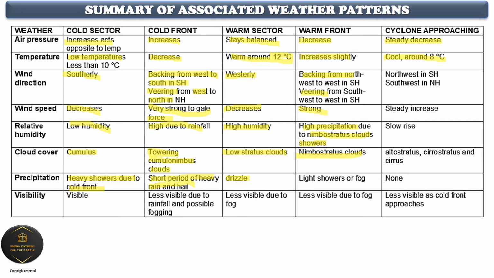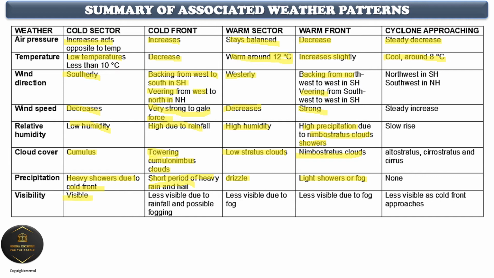Remember, drizzle is that rain, smaller drops of rain. So that's drizzle. In the warm front, you'll have light showers, or you can just have fog, depending on the intensity of the system. The visibility. When you're in the cold front, it is visible because we have dense air.